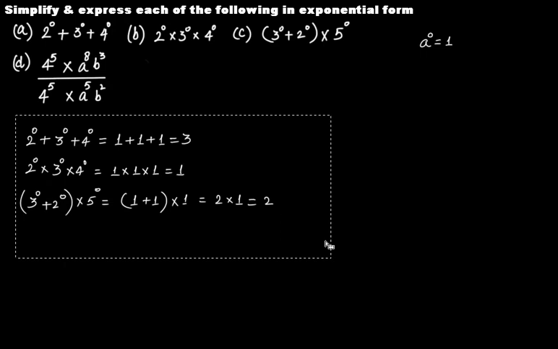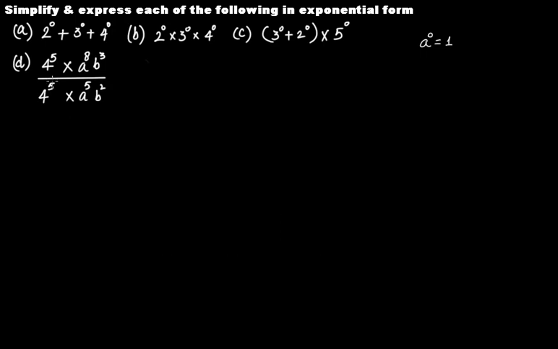Now in this fourth one, here we have 4 to the 5th power times a to the 8th power times b to the 3rd power, divided by 4 to the 5th power times a to the 5th power times b to the 2nd power.